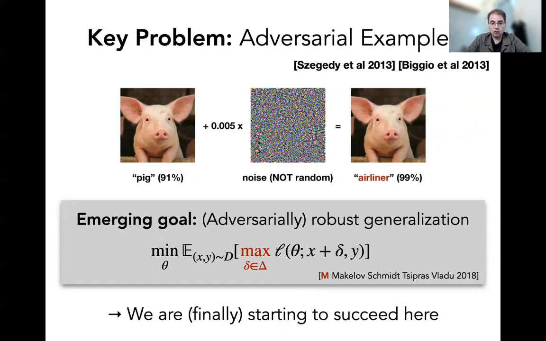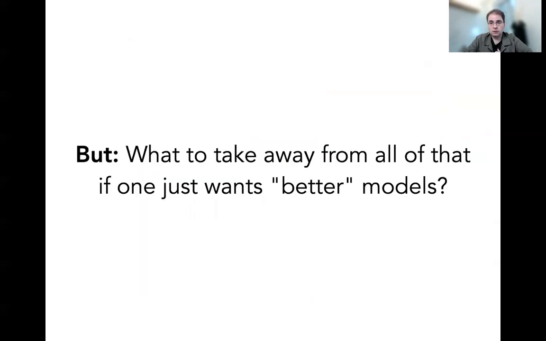So this is the goal, and I would say we are finally starting to succeed here. It took a little bit, but we made some real progress, although we are very far from being done. I could give a 1 hour or even longer talk about all the cool developments that happened there, but of course that's not the goal for today.